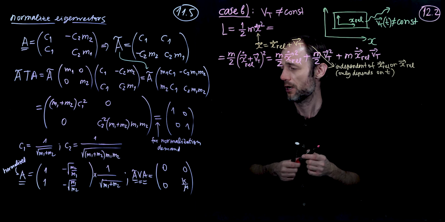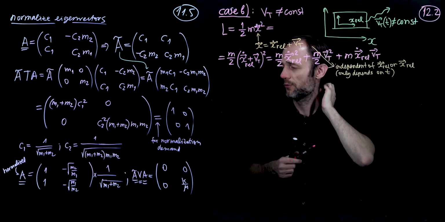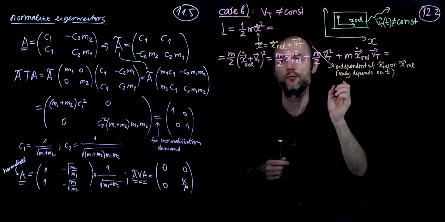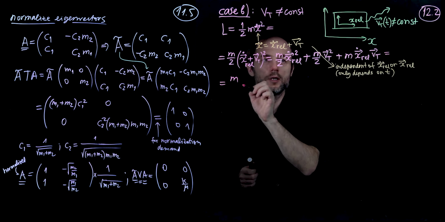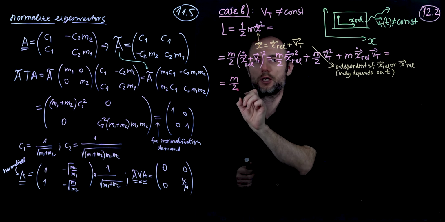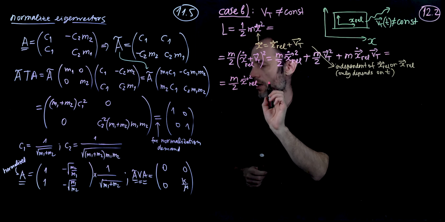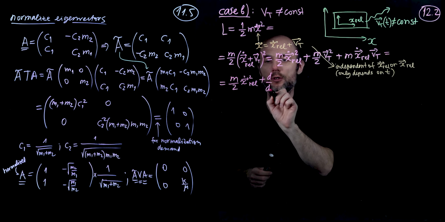And moreover, this term can be rewritten by forming the full derivative. So let's see how that works. We will keep this term in the same form as before. We will form a full time derivative over here.